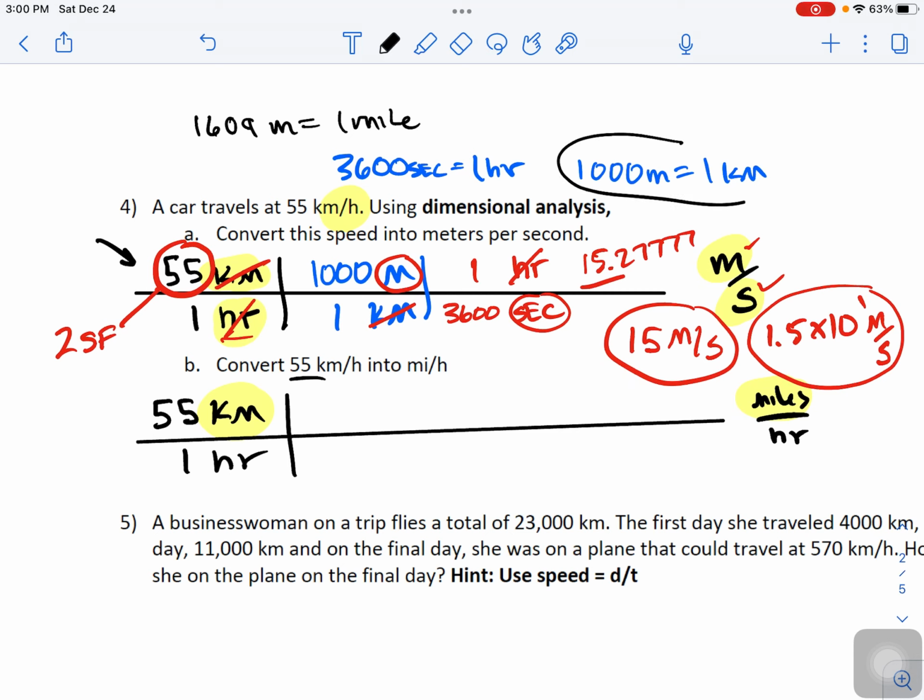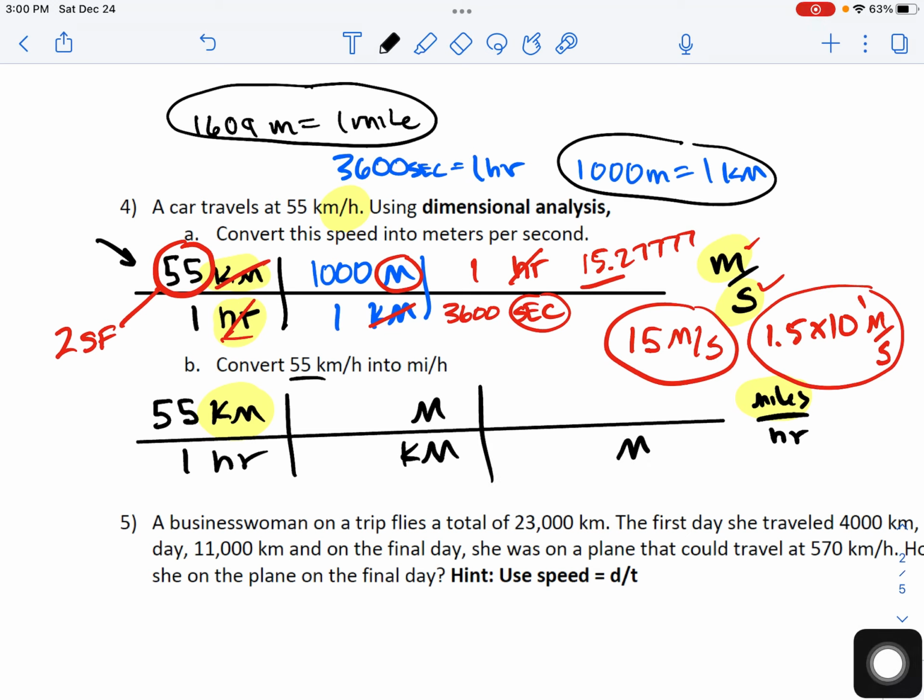So I'm going to be using this conversion factor and then this conversion factor because I've got to get out of kilometers into meters, and then I'm going to get out of meters and into miles. So that will allow all my units to cancel out. Kilometers, meters, and then what I have left over is miles in the numerator, check.